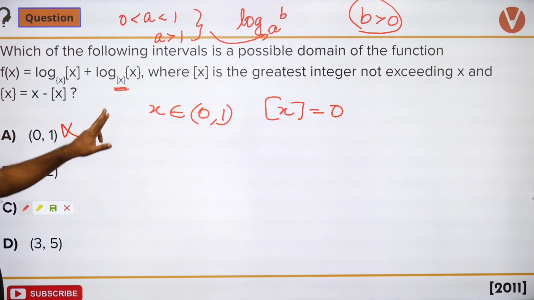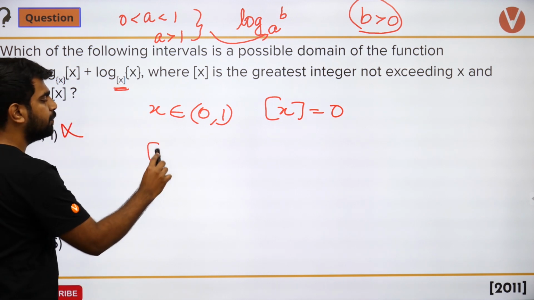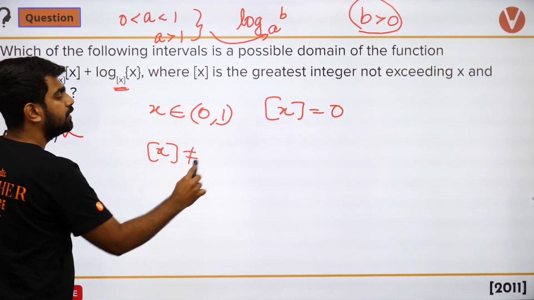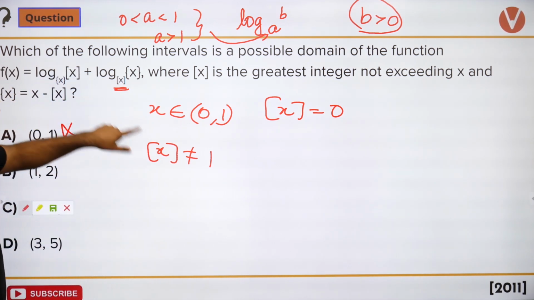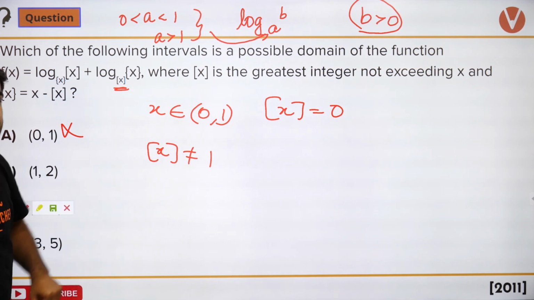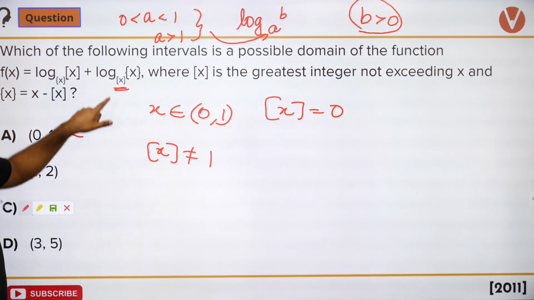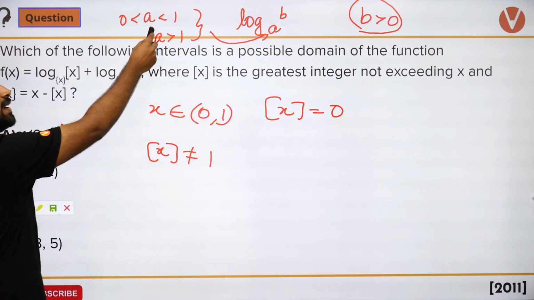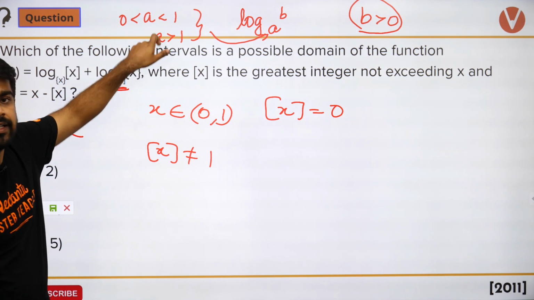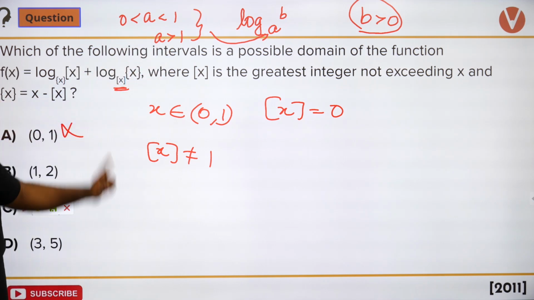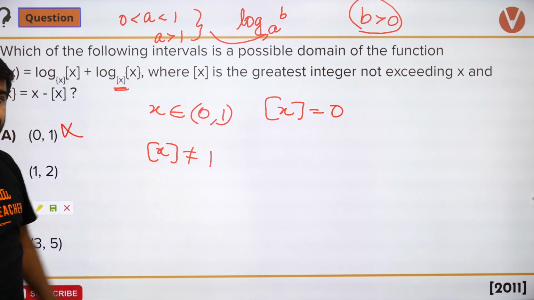Now the next thing is, can GIF of x be 1 at the base? GIF of x cannot be 1. Why can it not be 1? Because if GIF of x is equal to 1, what will happen? The base will be 1, right? Can the base be equal to 1? Look at the definition. No. The base can never be equal to 1. So GIF of x can never be equal to 1.